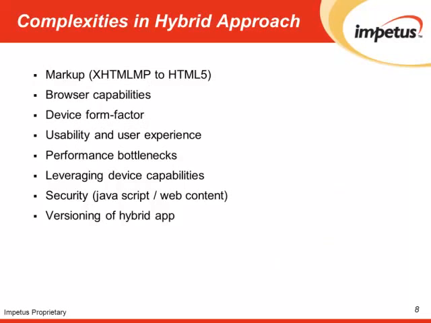Thanks, Amitabh. I'd just like to spend a couple of minutes actually explaining some of these challenges to you. Now, device diversity in terms of resolution and OS is really among the biggest hurdles in adopting the hybrid approach. And one particular resolution may have a different browser and markup capabilities across the OEMs.